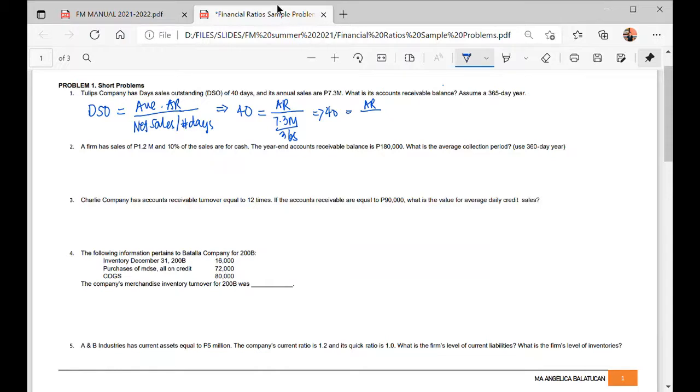So how much is that? Have you tried to solve this one? Okay, so that is 20,000. Then cross multiply, so that's 40 times 20,000, that would be 800,000.